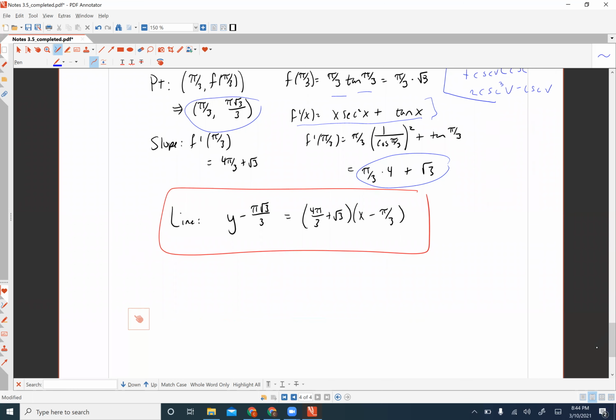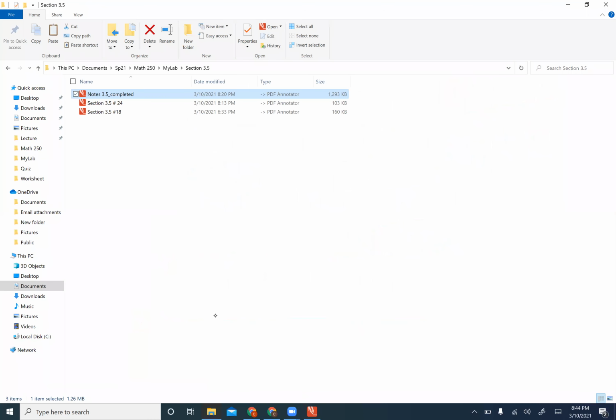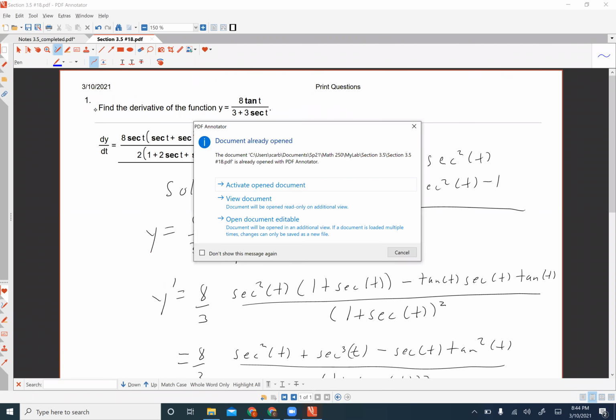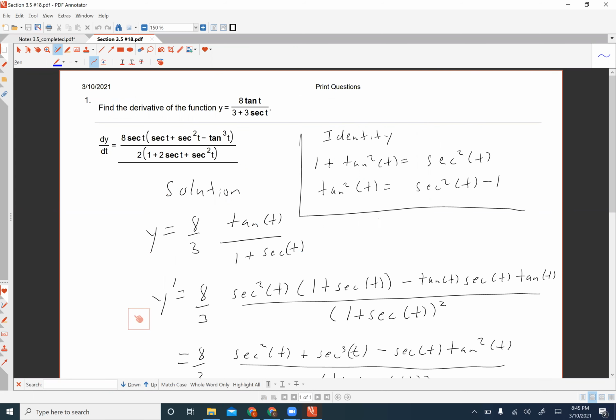So let's just look at a couple of other problems right here. Okay, so a student had, hopefully I can open this up here. Okay, there we go. So here we have, at least we can do one of these.